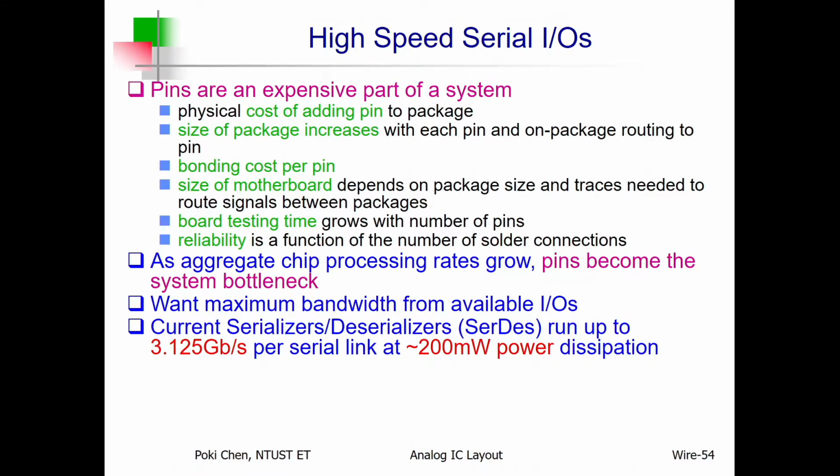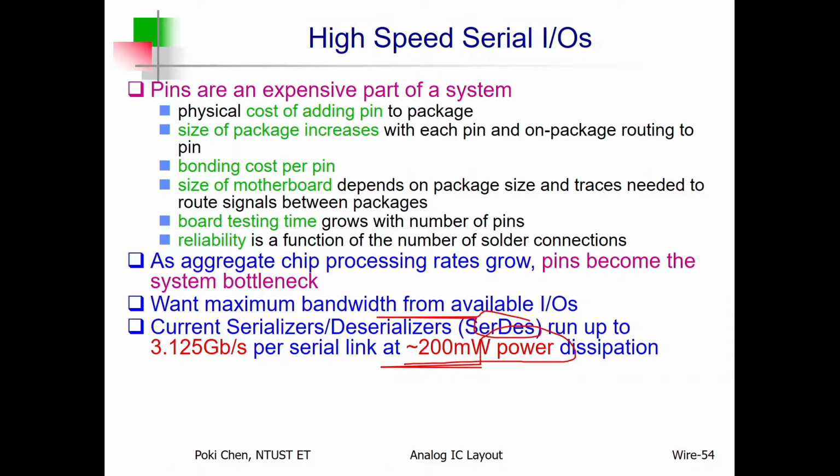Anyway, I would like to tell you that nothing is free for such kind of high-speed serial communication. It is really power hungry. It consumes a lot of power, even for only one IO bit.